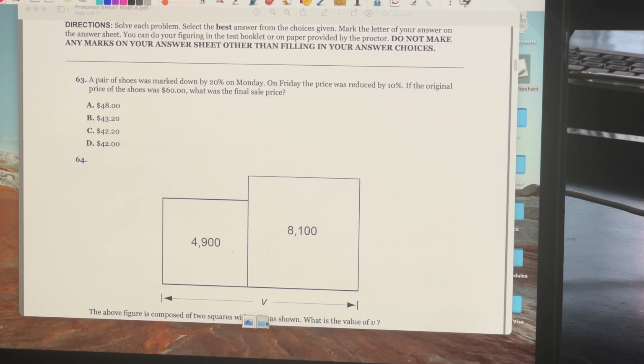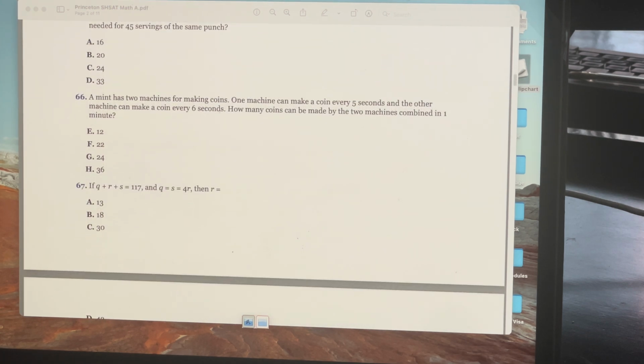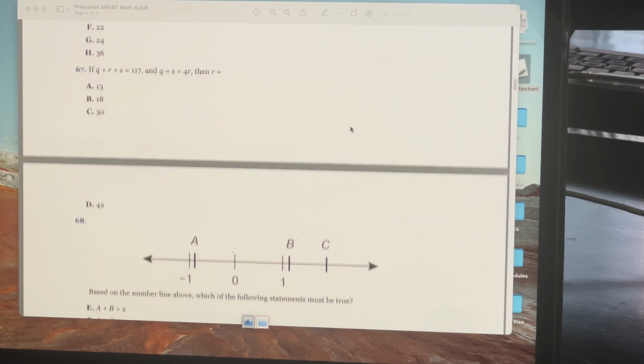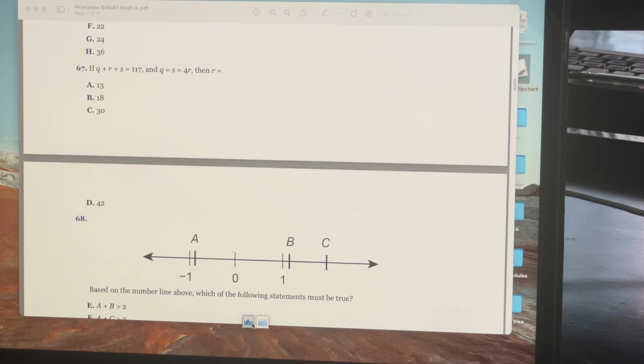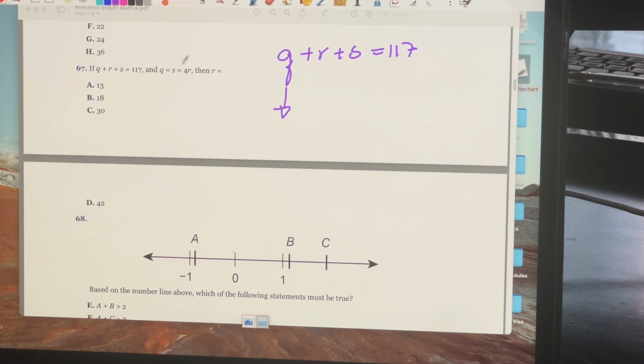67. Now, if you want to do the other ones, that's fine. I would definitely suggest you give this whole thing a shot. So 67, Q plus R plus S equals 117. We know that Q equals S and S equals 4R. So wherever I see Q, I'm going to replace it with 4R.